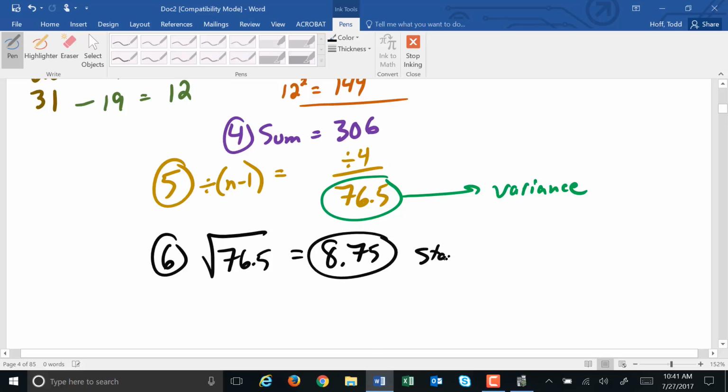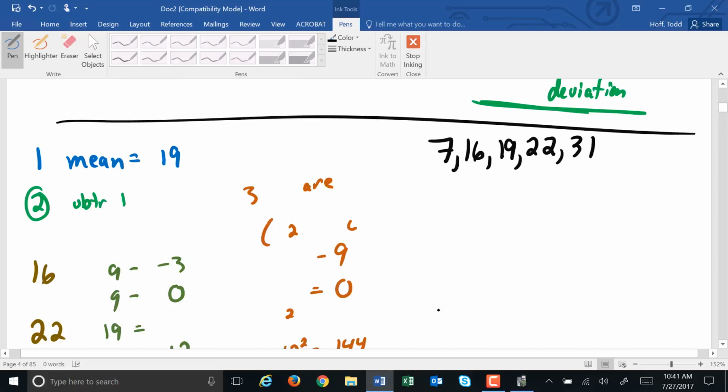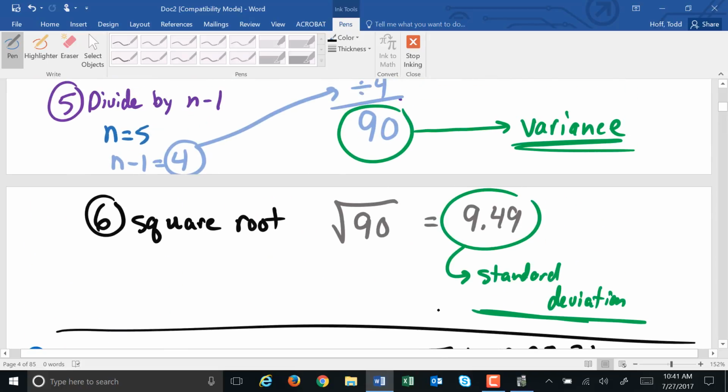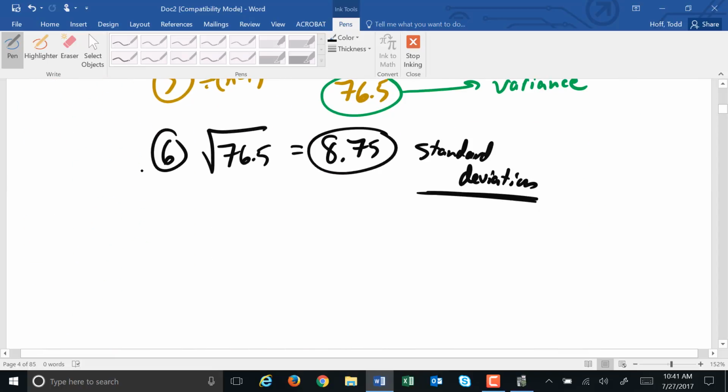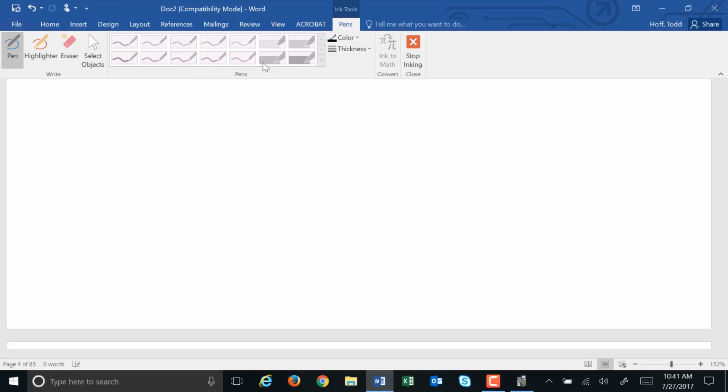That's our standard deviation. Now that is smaller than our previous answer of 9.49. So those numbers are less spread out. So those are our measures of spread.